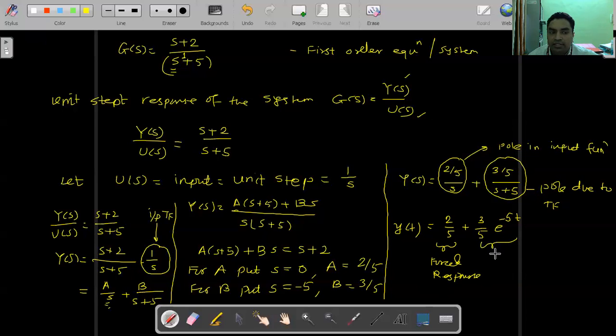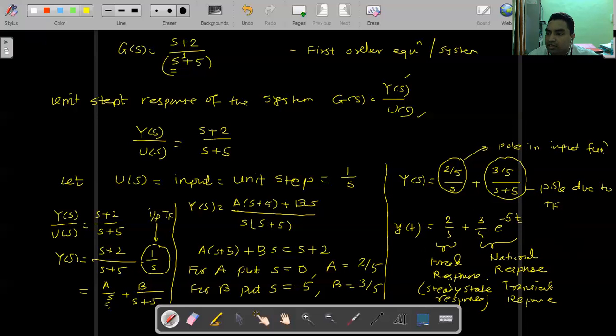This is called the natural response. This is also called the steady state response. This is called the transient response, right? So this is called the steady state response. This is called the transient response.